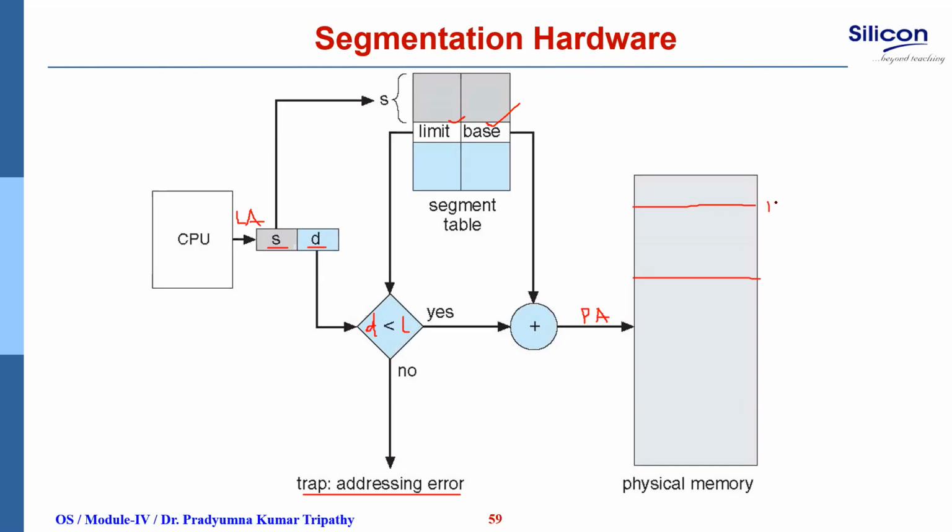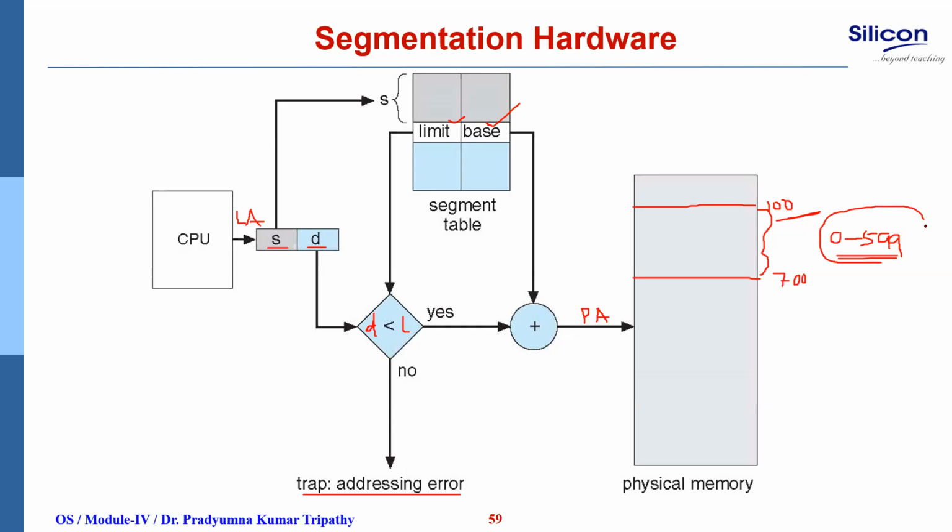This segment may have a starting address which is in the base, and maybe it is spanning over 700. That means the limit is 600. If the limit is 600, it must generate an address between 0 to 599, which must be added with this base to get the physical address.